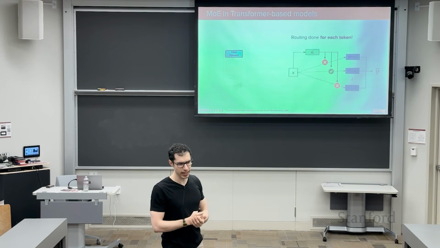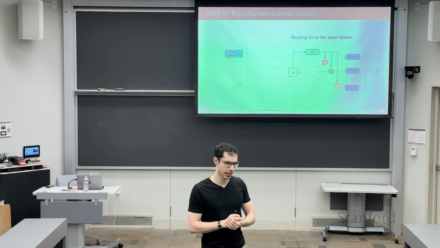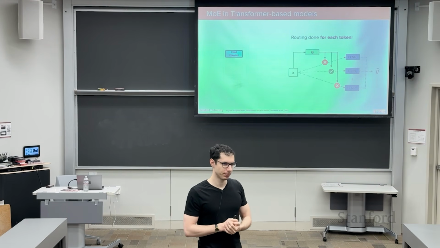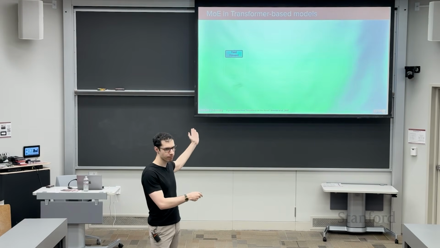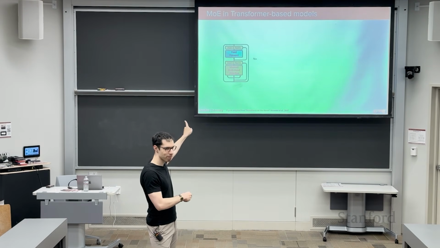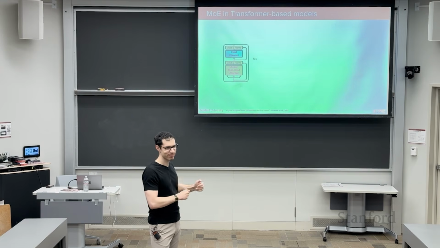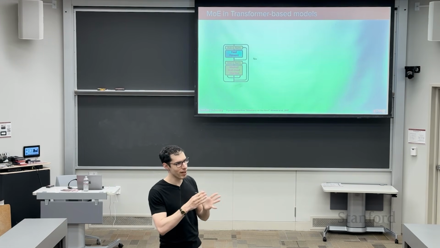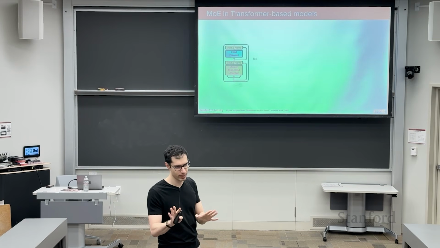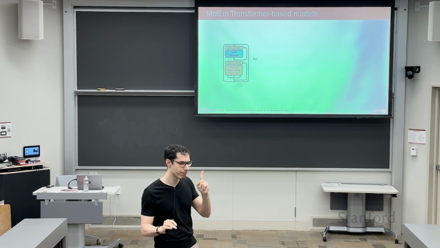So can you elaborate on that actually? At what point exactly? So it's after the self-attention layer. So the question is, do we have different classification for different heads? No. So there's only one router.